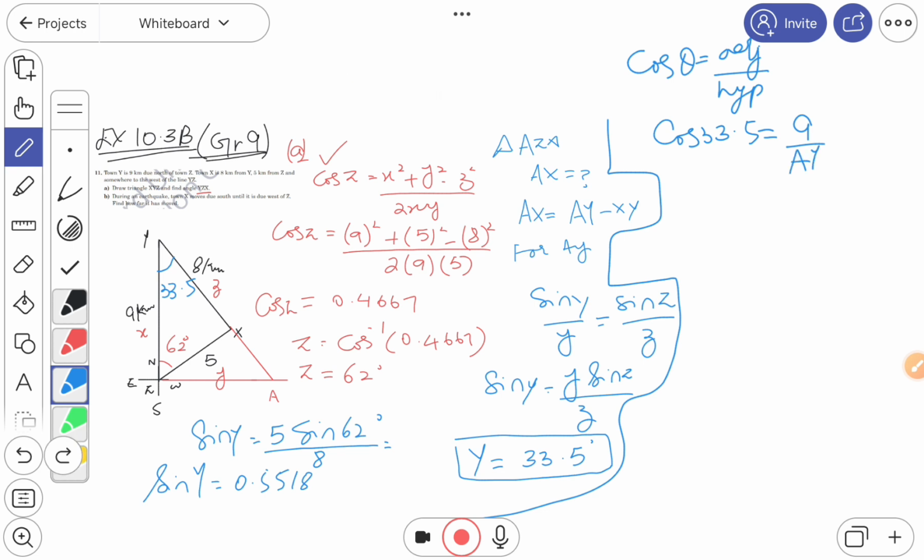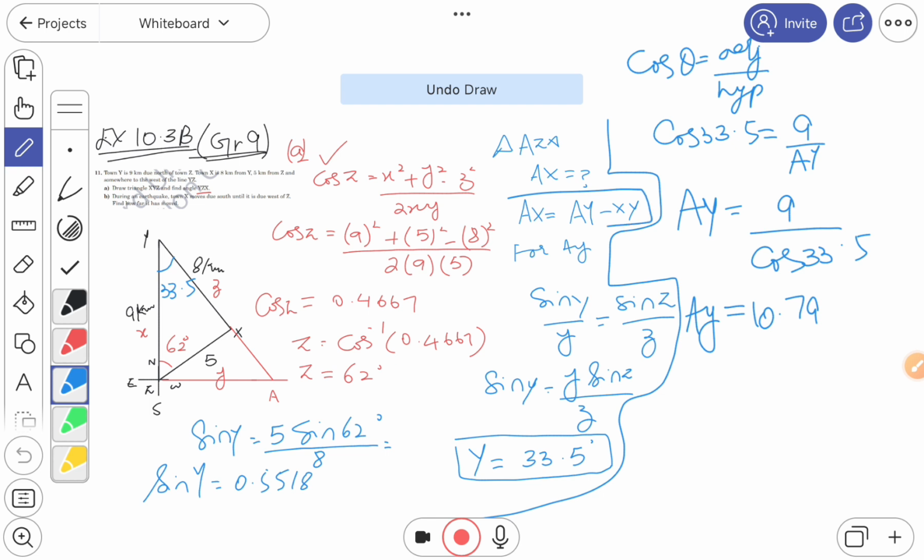So AY equals 9 over cos 33.5. Now use this equation as I told you earlier. AX is the distance we have to find: 10.79 is the value for AY, minus XY which is 8. So 10.79 minus 8 is 2.79 kilometers.